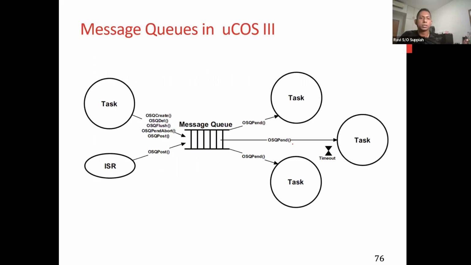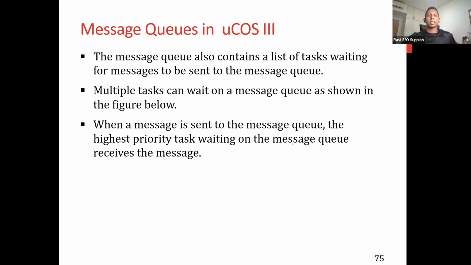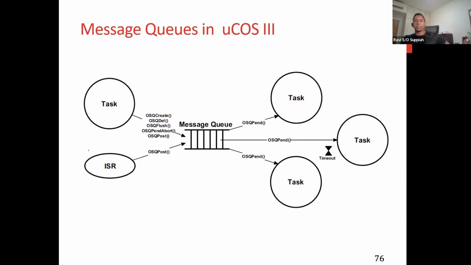The advantage of message queue is that you can have multiple tasks waiting on the messages. If many tasks are waiting on a message queue, who gets the message when somebody sends one? The highest priority task waiting on a message queue will receive the message. That is how the message queue system works.